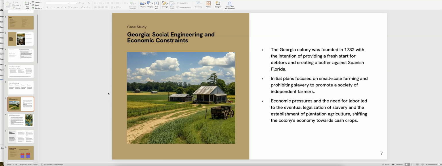Kind of like Australia was for Britain, Britain didn't want to keep their prisoners in the country if they didn't have to. So they would send them to Australia, or in this case, to Georgia.